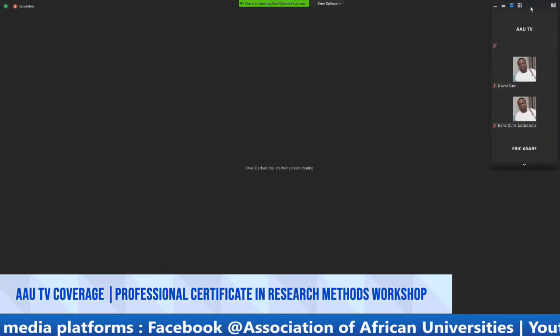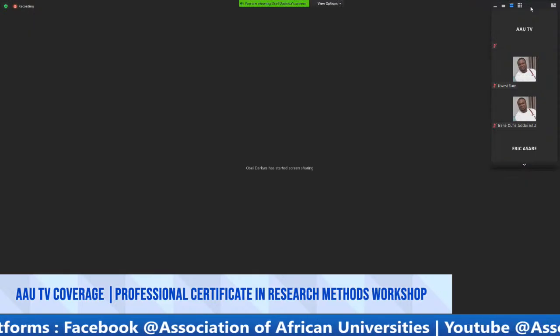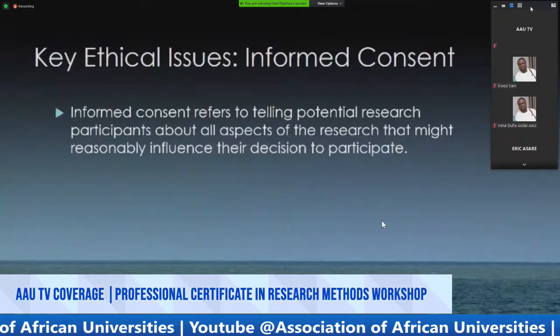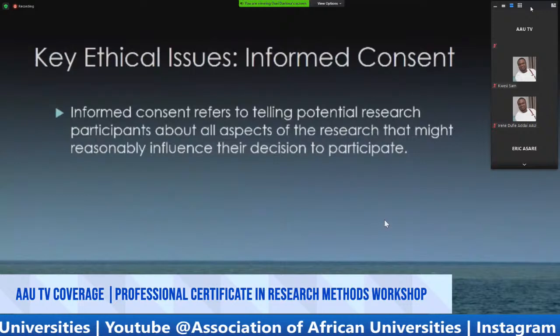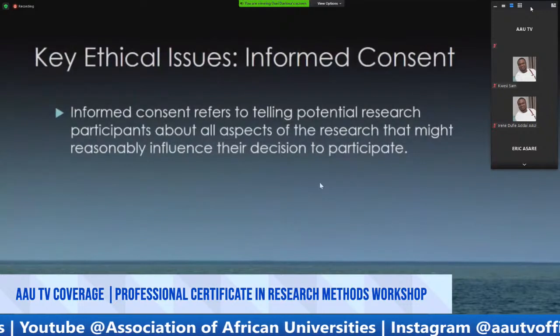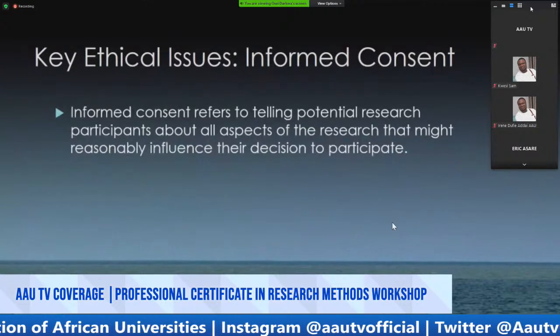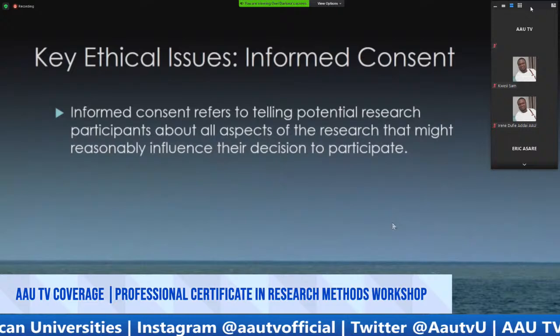Let's continue to move to the other aspects of the process. So we talked about informed consent: telling potential research participants about all aspects of the research that might reasonably influence their decision to participate.